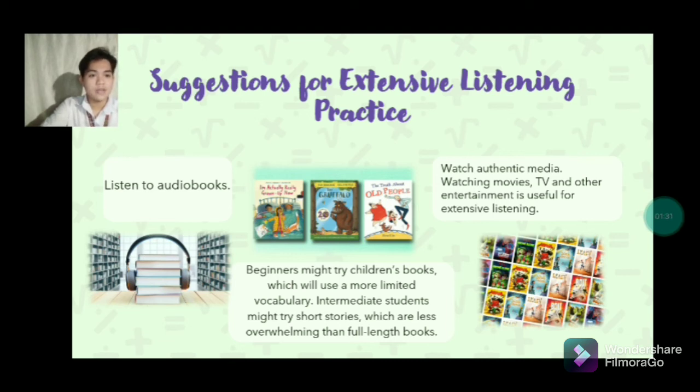Watching movies, TV, and other entertainment is useful for extensive listening in a way that it allows the students to expand their understanding through listening to any kind of media.